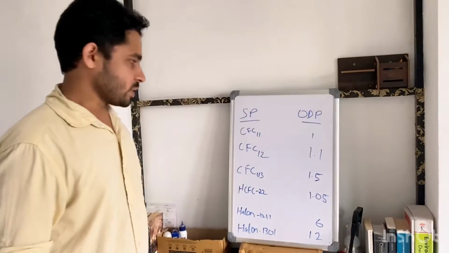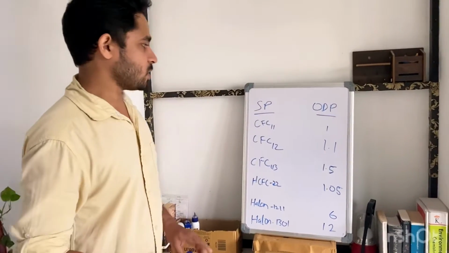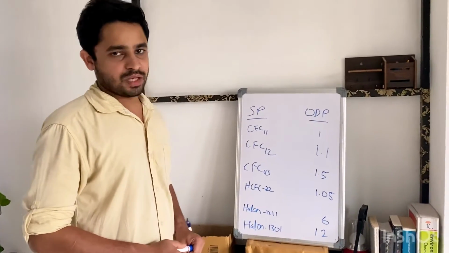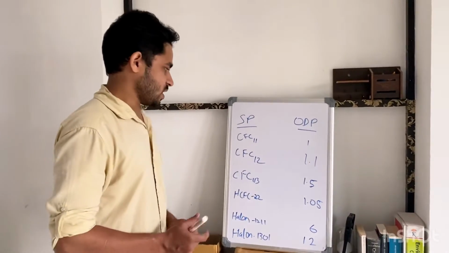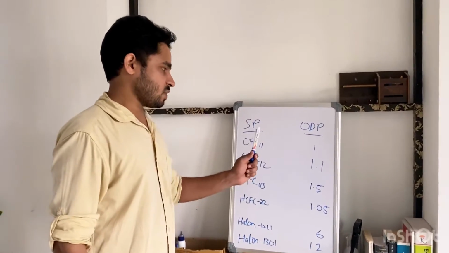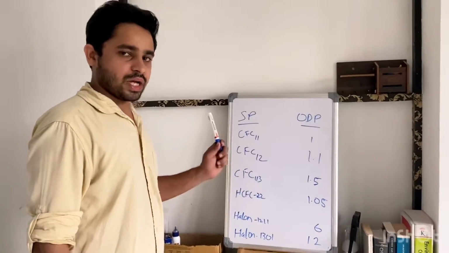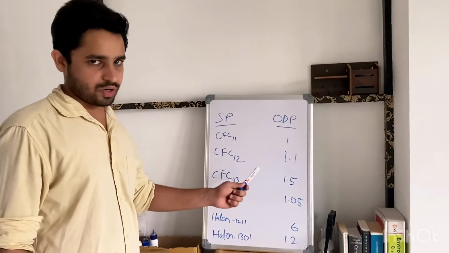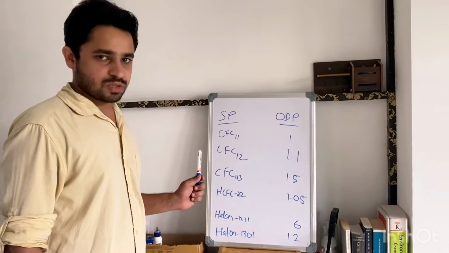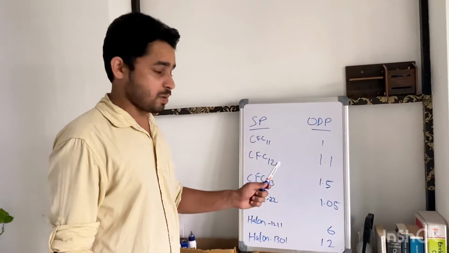Okay guys, I have noted down the ozone depletion potential of major ozone depleting gases. The ozone depletion potential of CFC 11 is 1 itself, CFC 12 is 0.1, and CFC 113 is 1.5.